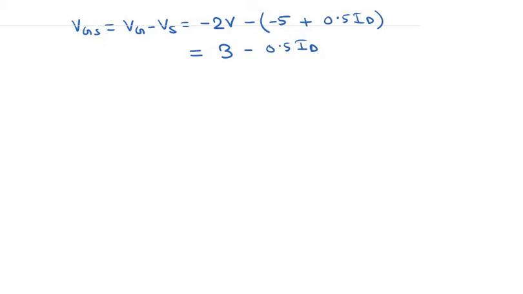Okay, now as in the case of the previous problems, we do not know whether the MOSFET is actually operating in saturation or in triode. So initially we have to make an assumption, and if that assumption is not valid, then we would get a contradiction at the end.